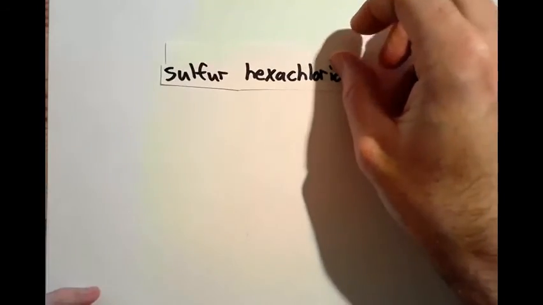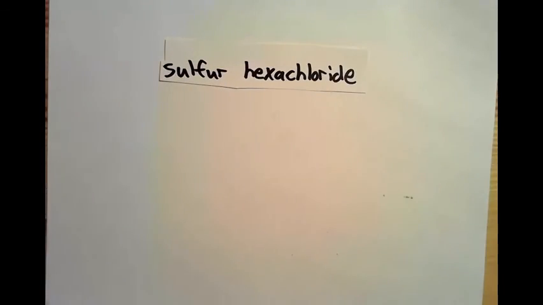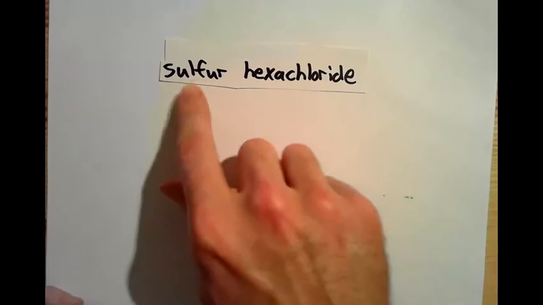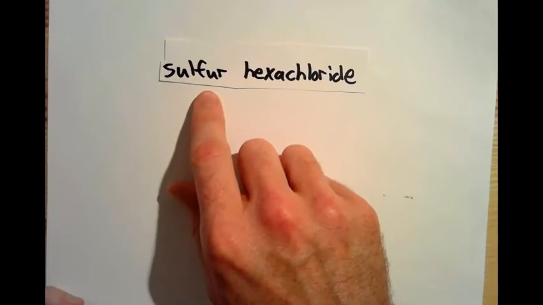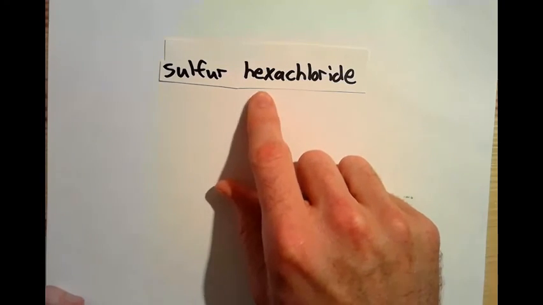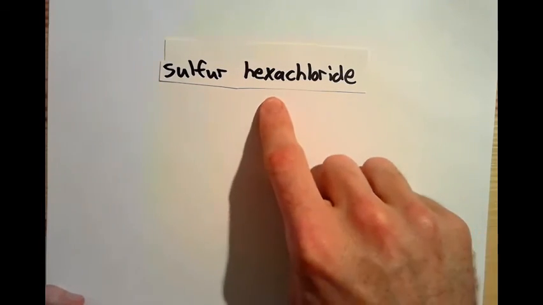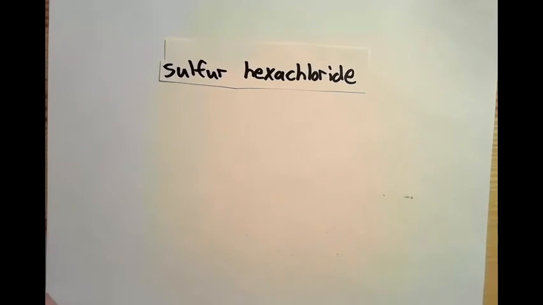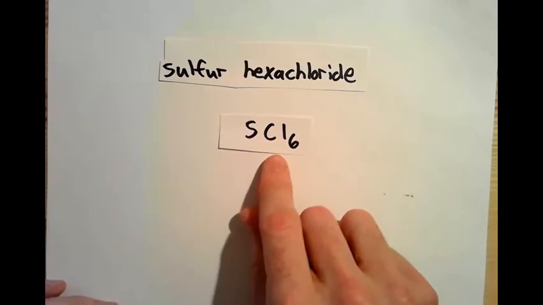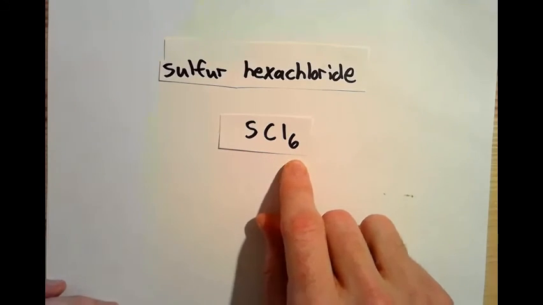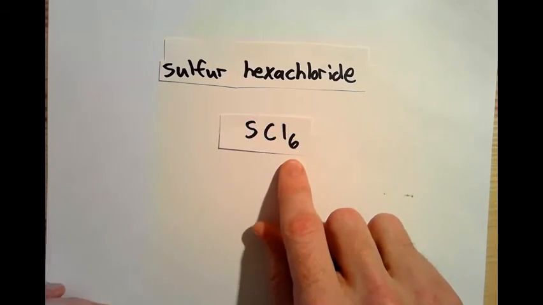Some extra checks. If I gave you the name instead, you would need to know that this is sulfur, and there's only one sulfur, and there's hexachloride. That means there are 6 chlorides. So I need to have SCl6, hexa meaning 6.